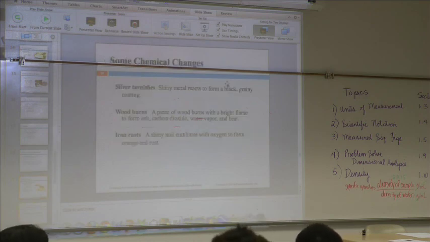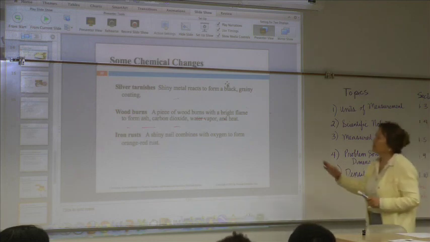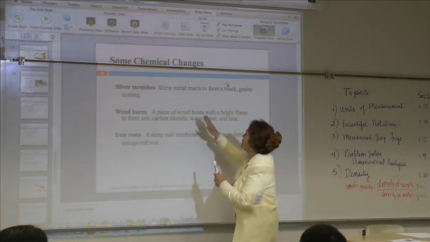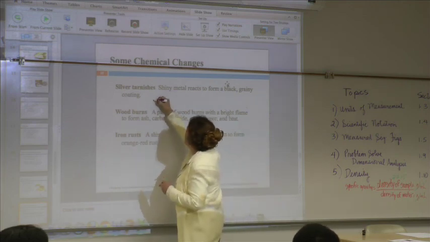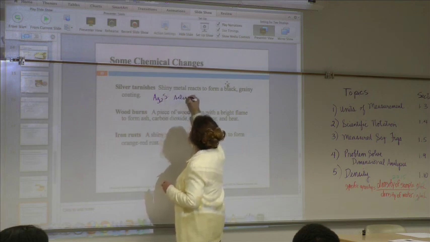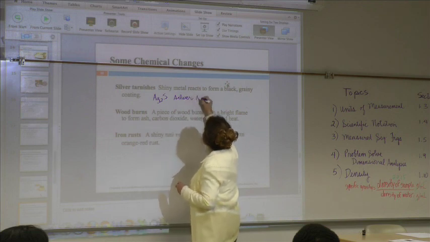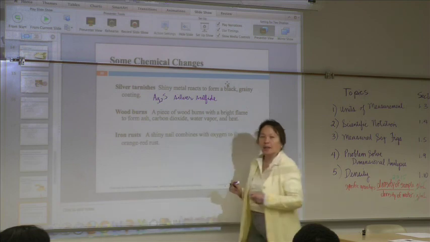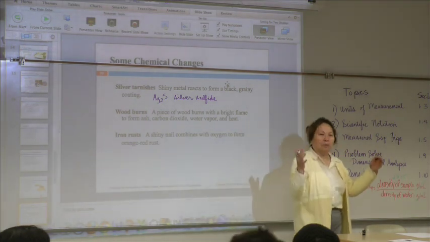Silver tarnishes. So silver, we know that silver is Ag, right? And so tarnish is silver sulfide, Ag2S. There's a lot of coal being burned, right?